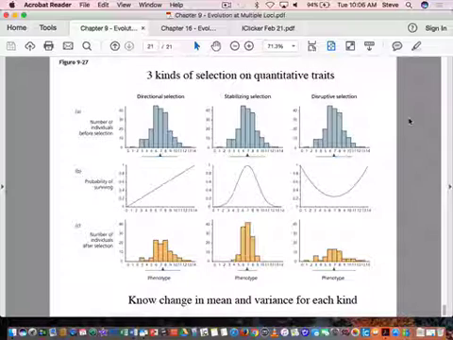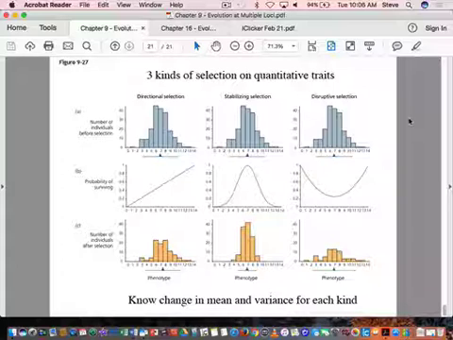Where do you think that's eventually going to lead? Yeah, you might expect here that over time, if you do this for a lot of generations, you might lead to extreme individuals, okay? What do you think's happening to the variability of that trait over time?